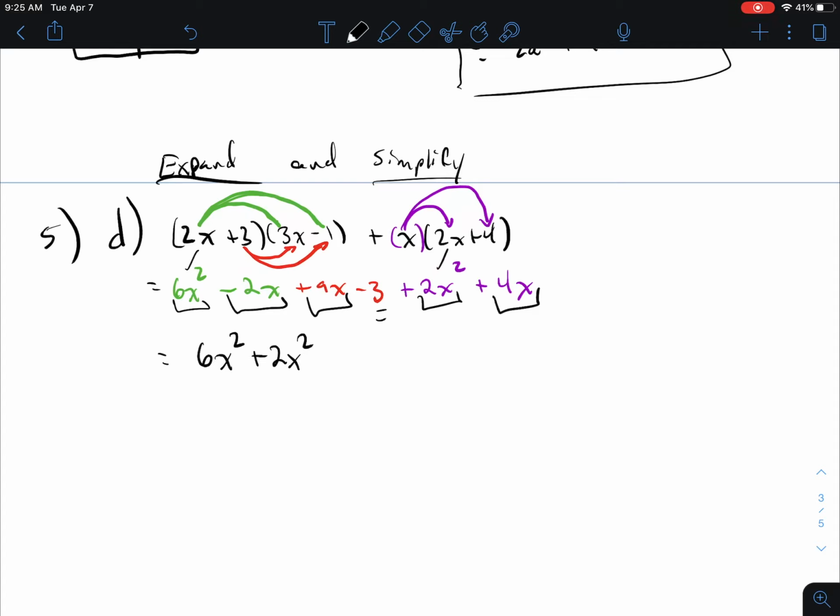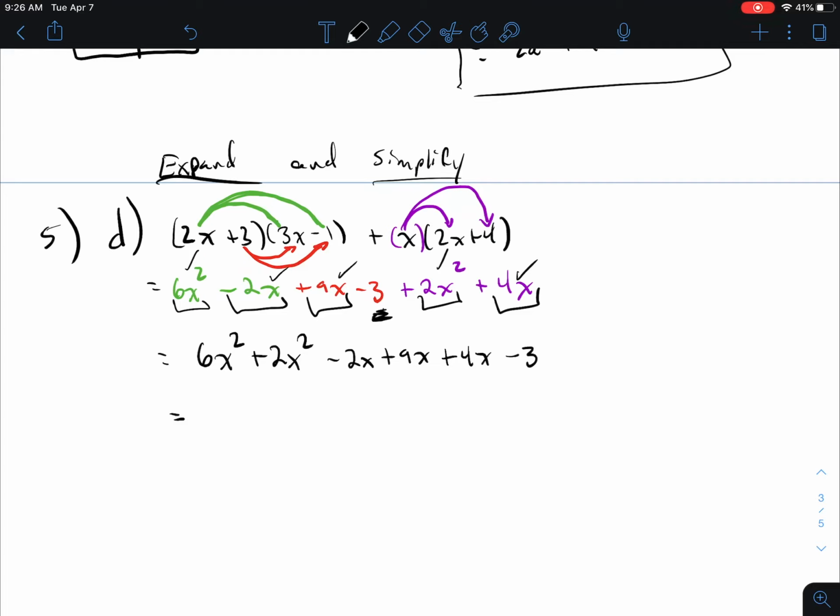I don't see any more squared, so I can go to the next degree down: negative 2x plus 9x plus 4x. That takes care of this, this, and this, and the only thing I have left is the 3, so I'm going to minus 3 on the end.